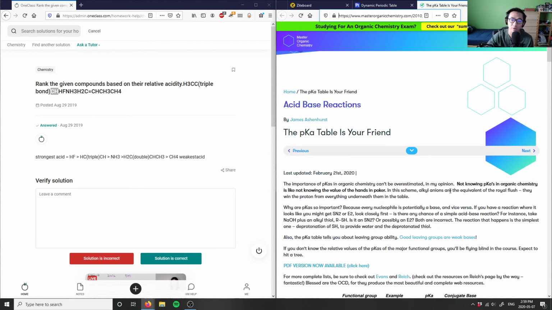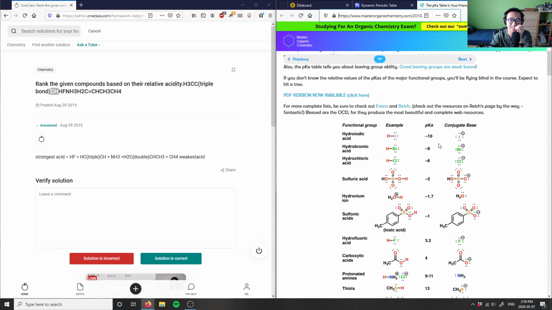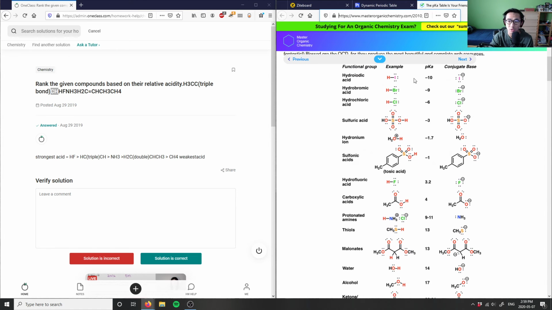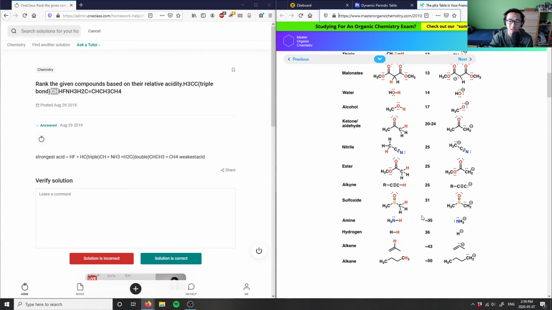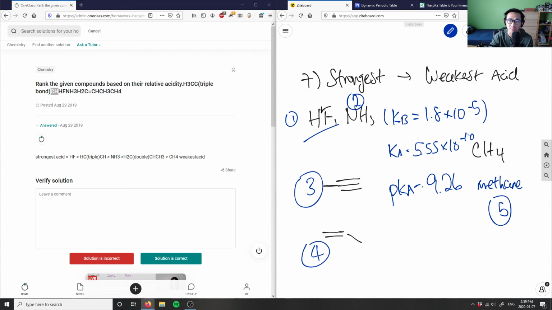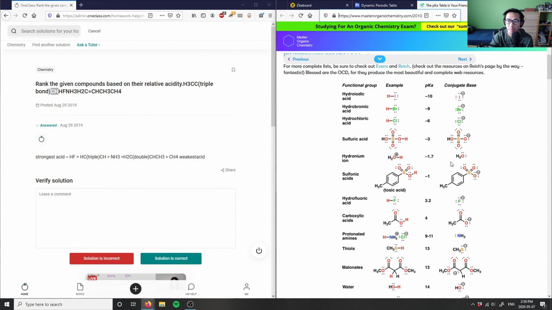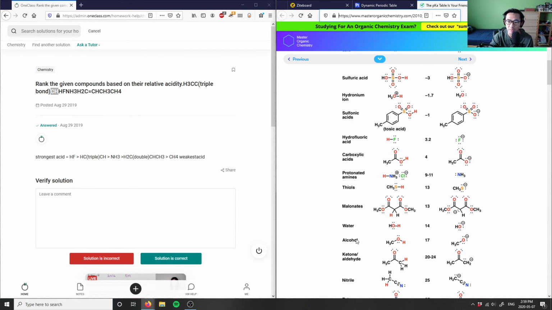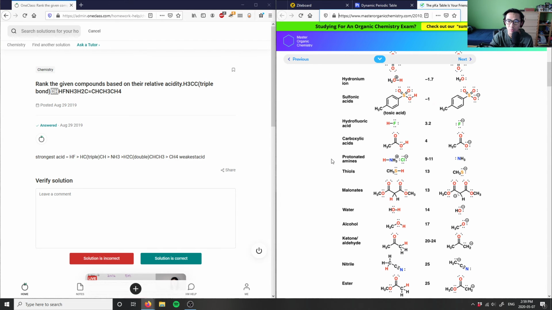So again, if you look at this chart here, the most acidic here obviously is hydroiodic acid, hydrobromic acid, hydrochloric acid here. And as we increase our pKa's, it's going to be less acidic, right? So as you can see, HF is obviously number 1. Number 2 would be ammonia, which would be the protonated amines here.